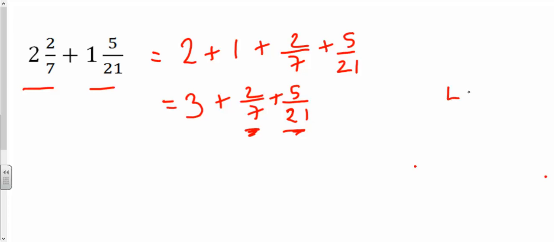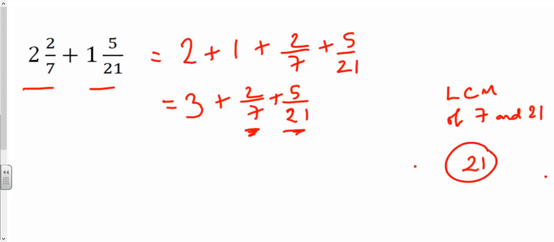So what I've got to do is change the denominators so that they are both the same. So we're looking for the lowest common multiple of 7 and 21. So what number can we think of that 7 and 21 both go into? The lowest one we can think of is 21. So I've got to change both fractions so that the denominator is 21. So I need to change this one.